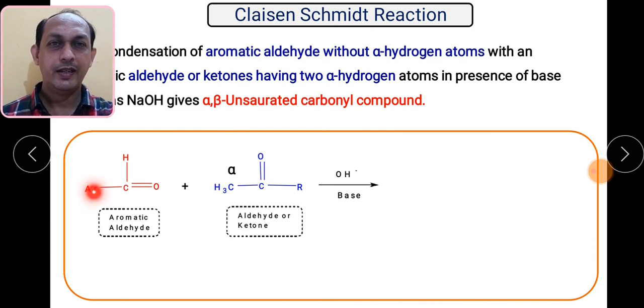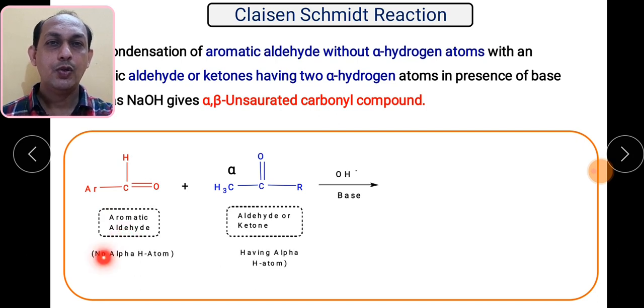This is an aromatic aldehyde. What is the formula? Ar C double bond O H. So this is an aromatic aldehyde which should not contain alpha hydrogen atom. One aromatic aldehyde which we can take is benzaldehyde. It does not contain alpha hydrogen atom, with an aldehyde or ketone which has alpha hydrogen atoms.